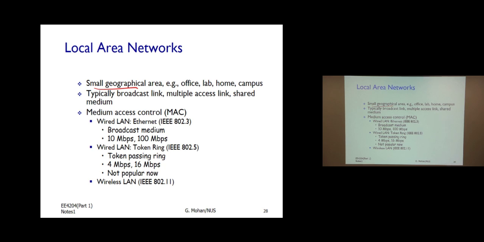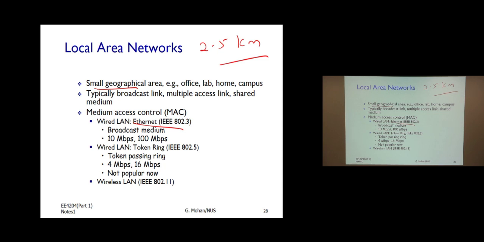If you look at Ethernet, which is a popular local area network, when it evolved in the late 70s or 80s, 90s, as per the standard, it can be up to 2.5 kilometers.